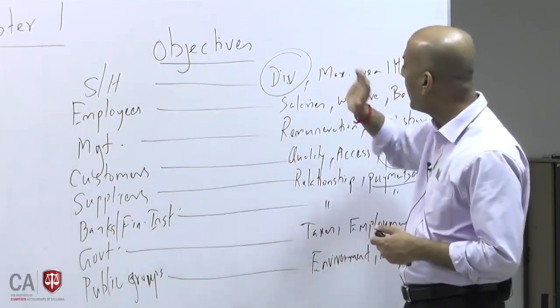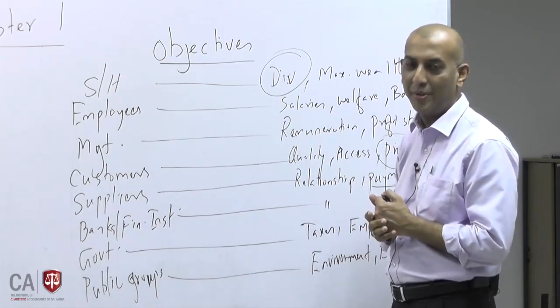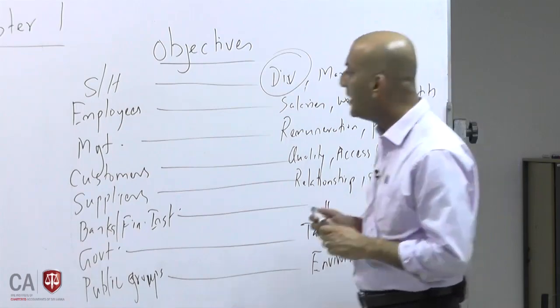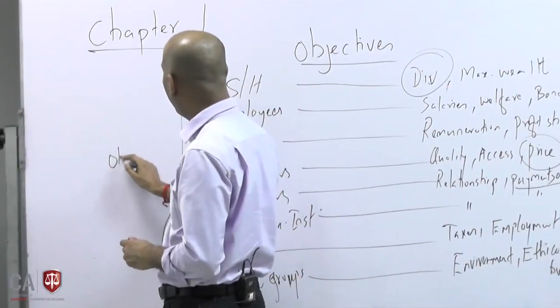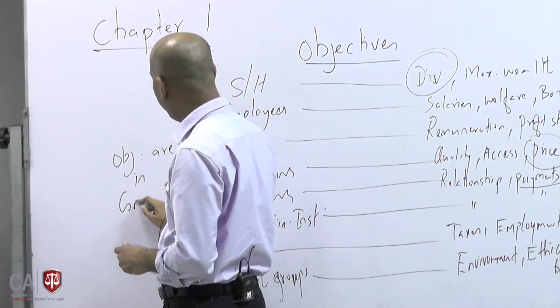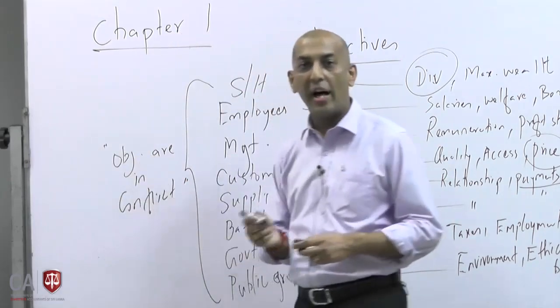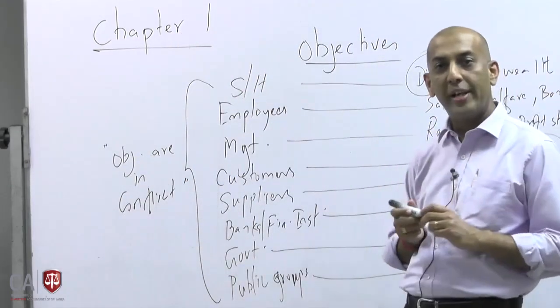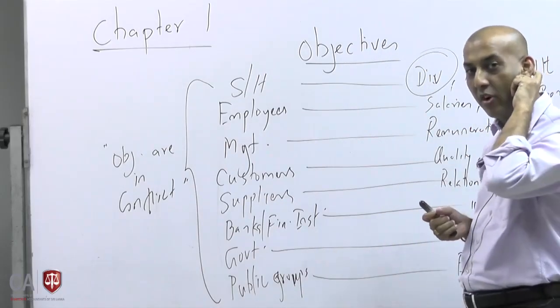One objective will be crashing with another person's objective. So it will disturb the other person's objective. So there is an understanding that objectives are in conflict. Please note that objectives are not in one direction, they are in conflict.